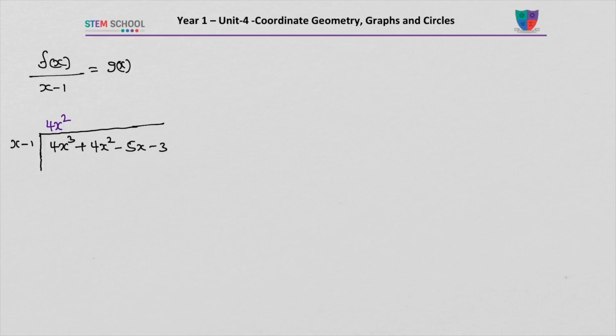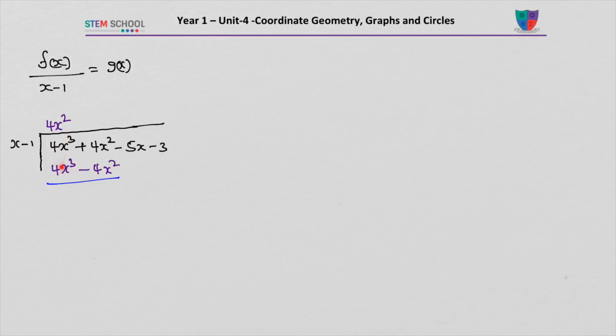So 4x squared times x will be 4x cubed, and 4x squared times minus 1 will be minus 4x squared. Now I draw a line.